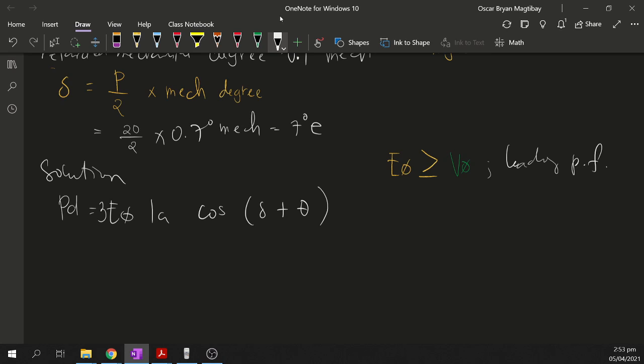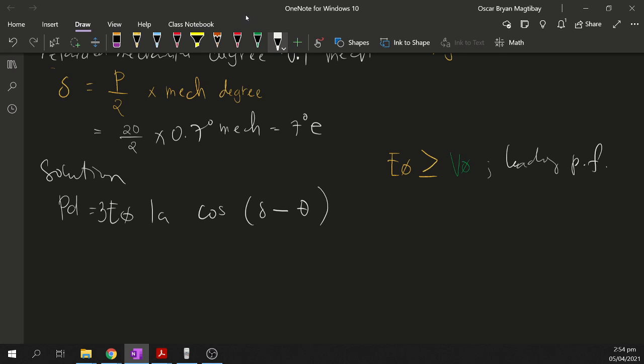So, wag pong makakalimot dito sa formula ko nito. Errata lang po. Sorry. Changes lang po. Nalimutan na naman ni sir. This is sigma minus theta.